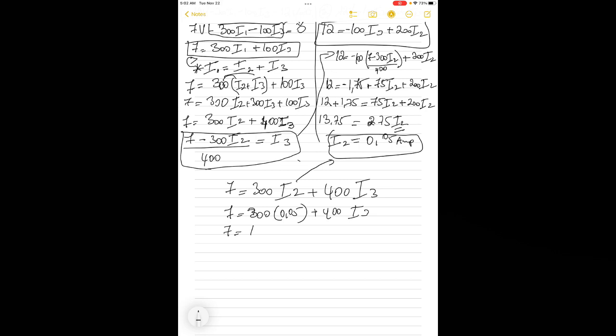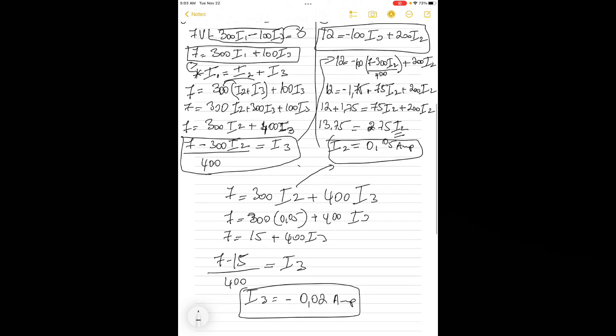So 7 equals 15 plus 400 I3, and 7 minus 15 divided by 400 gives us I3. So I3 equals 7 minus 15, which is minus 8, divided by 400, and this I3 is minus 0.02 amp.